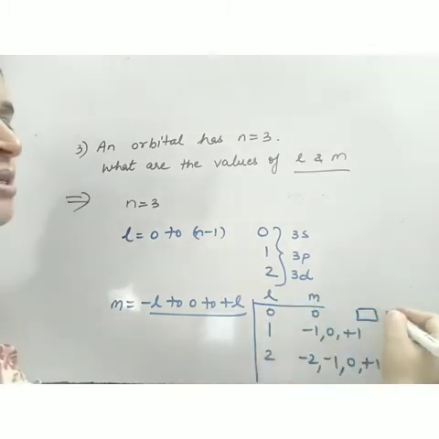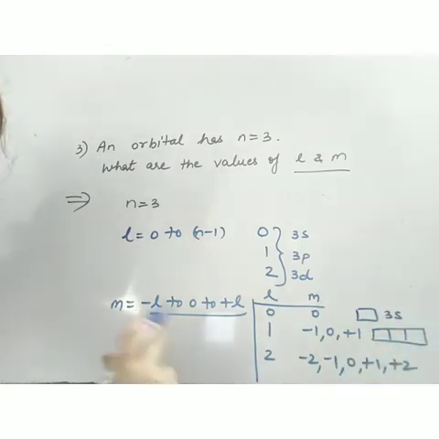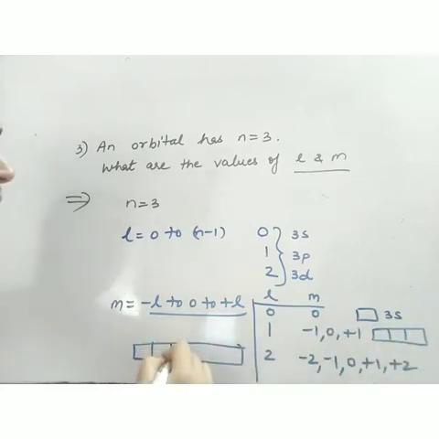This will be 3s. Now 3 values are there, which means 3 orbitals: 3px, 3py and 3pz. And since 5 values are here, the number of orbitals will be 5. That is dxy, dyz, dzx, dx square minus y square and dz square. So this is how to solve this question.